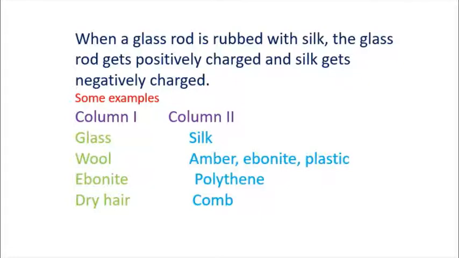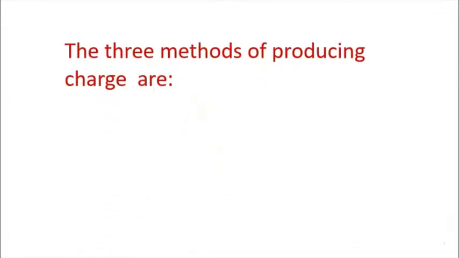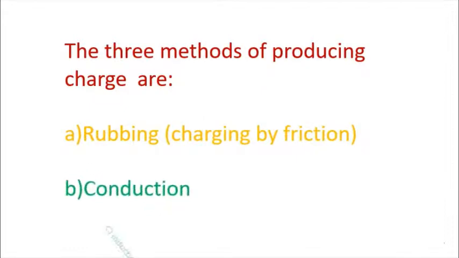In column 1, glass is rubbed with silk, wool with amber, ebonite or plastic, ebonite with polythene, dry air with the cope will develop static. The three methods of producing charge on an object are rubbing, conduction and induction.